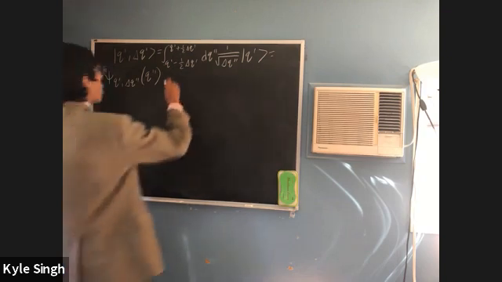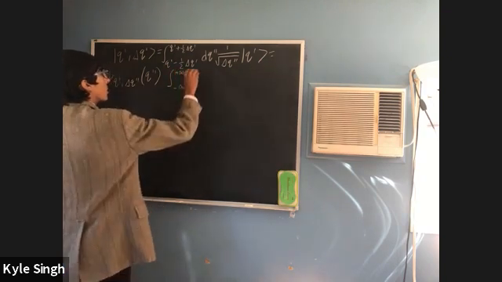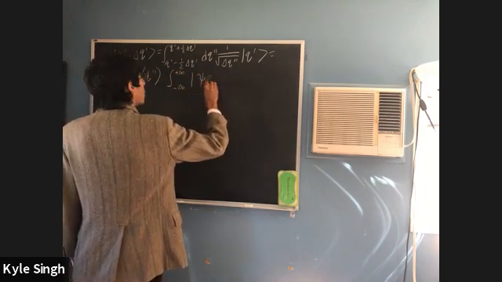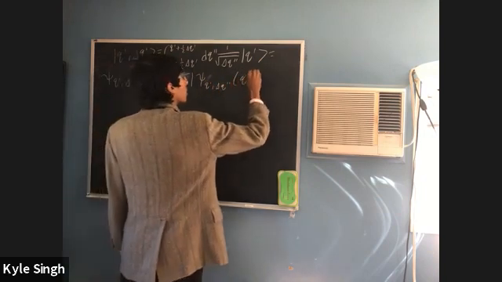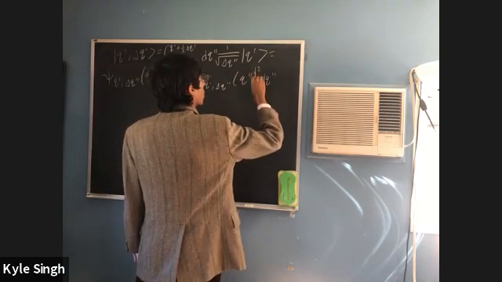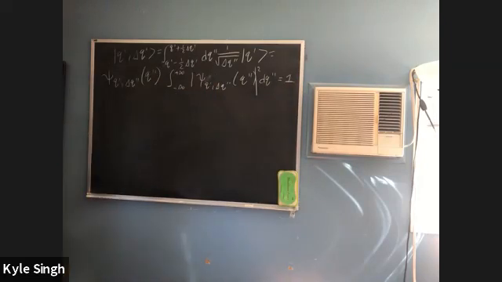Then we have the following relationship, which doesn't even matter what your wave function is. This is implicit. Just put that down there because we're going to make sure that holds.